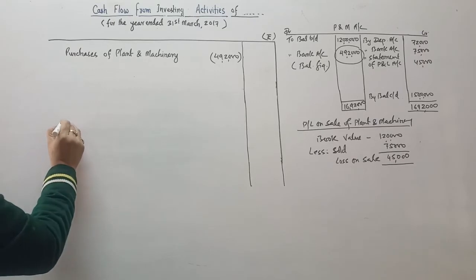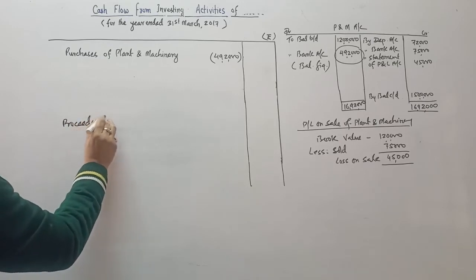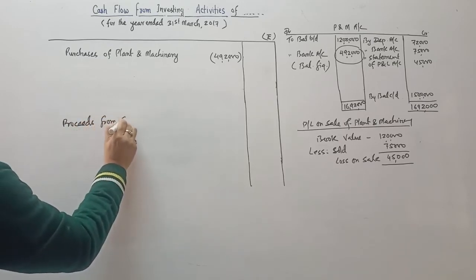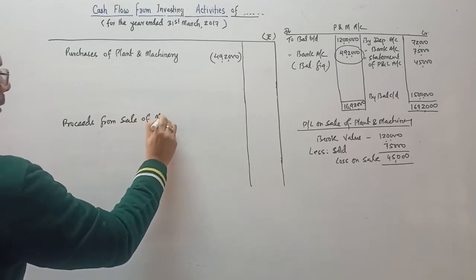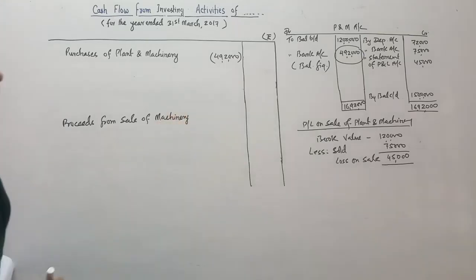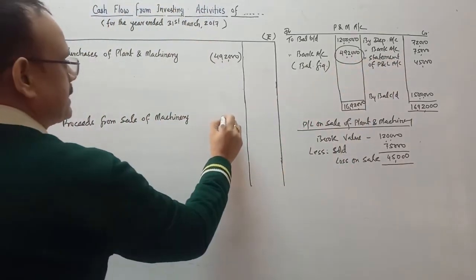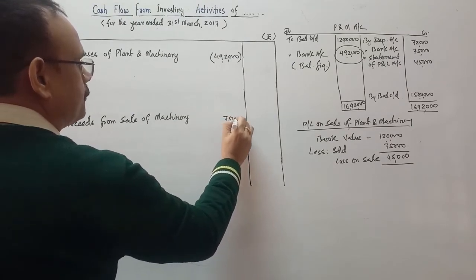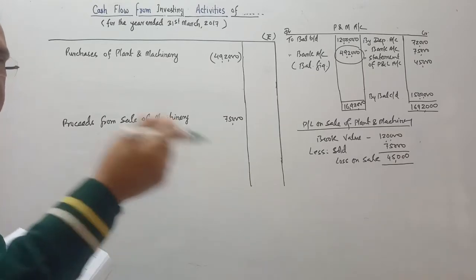And when we sell it, proceeds from sale of machinery is 75,000. This is an inflow of cash, the amount received.